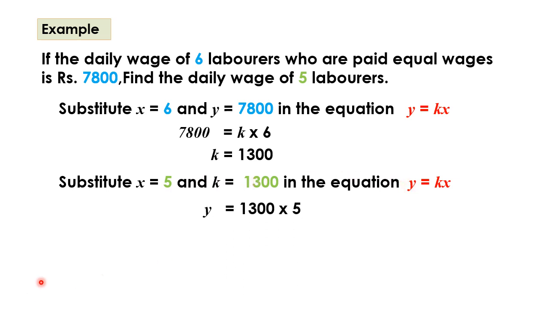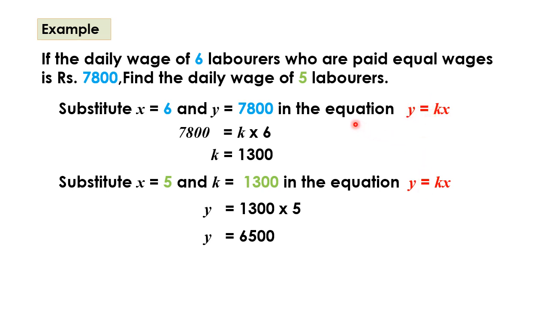When you substitute the values, y unknown, k 1,300, x equal 5. So by solving this, you can get y equal 6,500. So here in this method, we need to apply the equation y equal kx twice.